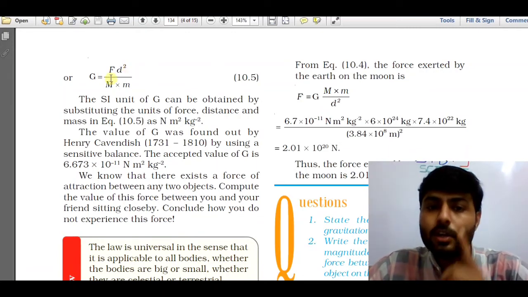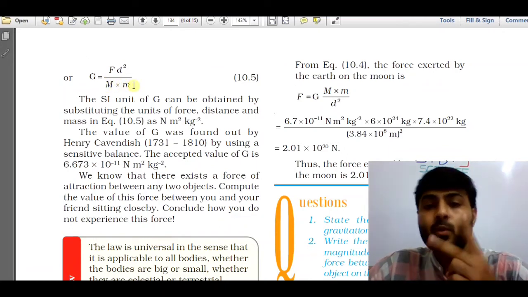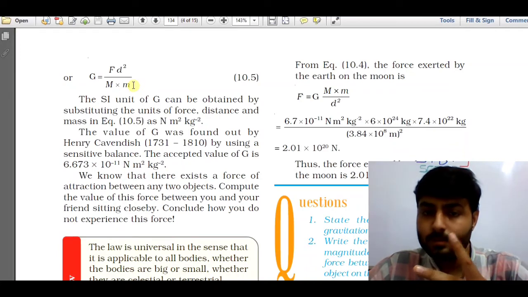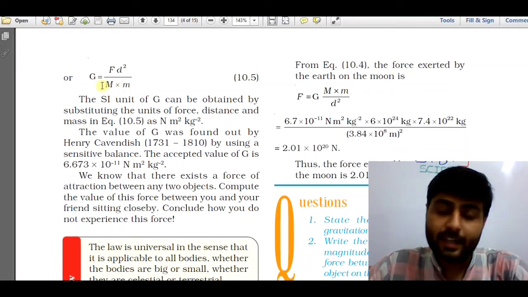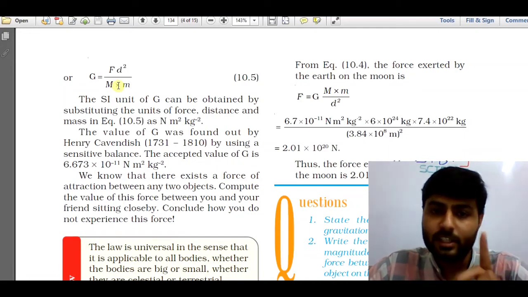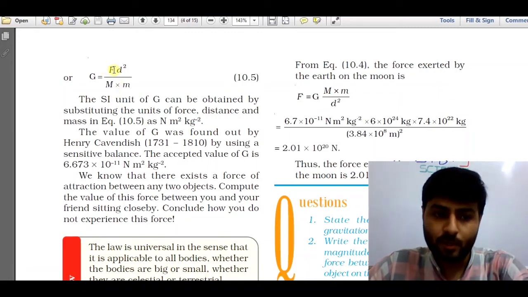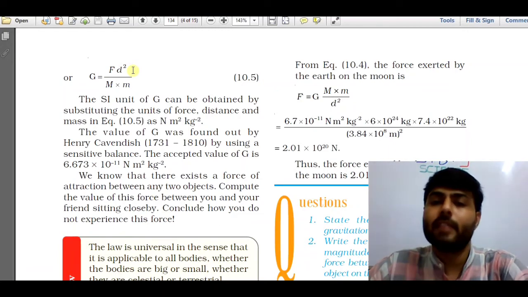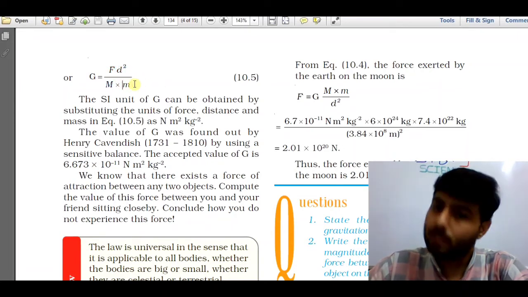In the denominator we have two masses, and the SI unit of mass is kg. So in the denominator we have kg multiplied by kg, that is kg square. So we have Newton meter square divided by kg square.